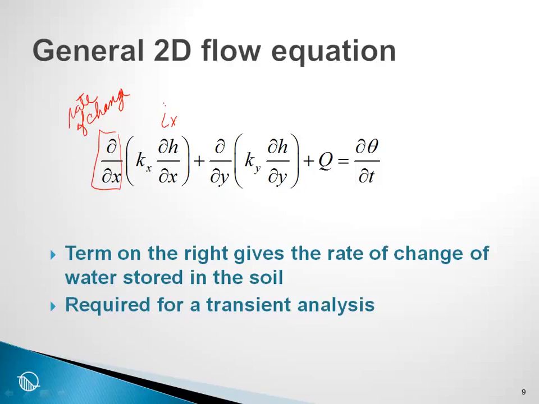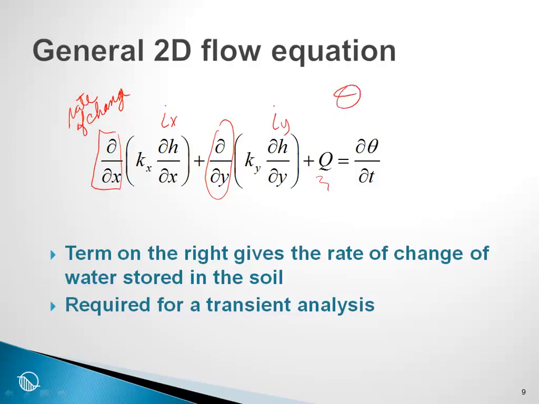It's the rate of change with distance of the gradient. And we have the rate of change of the gradient in the y direction within the domain. The rate of change of the gradient, or the amount of flow, plus what happens on the boundary, is equal to the rate of change of the volumetric water content with time.